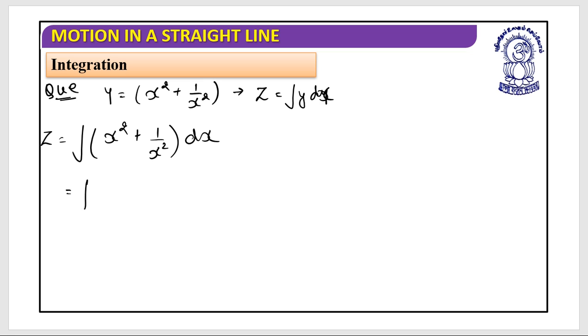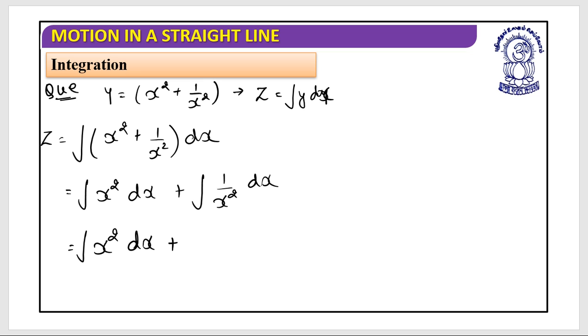So I can do integration of x square dx plus integration of 1 by x square dx. What would be the next step? Did you write it? Yes, 1 by x square should be x to the power minus 2 dx. Now what is my basic formula?